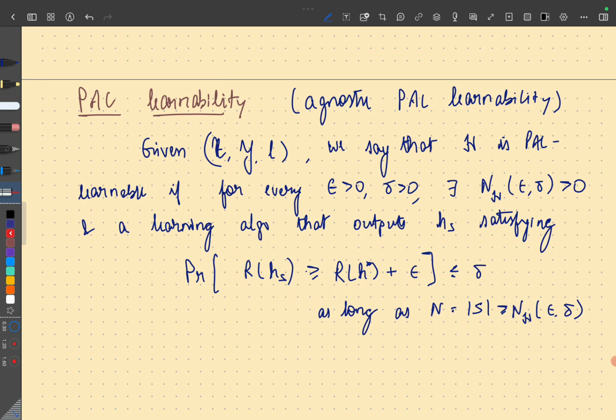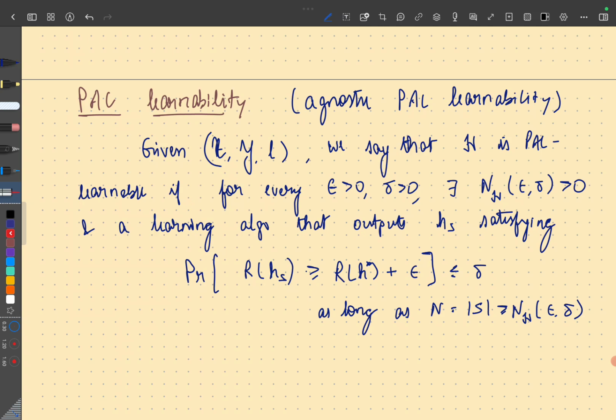So hopefully as n becomes larger and larger, I should be able to make both epsilon and delta go down to 0. If I am able to do that, then it means that this hypothesis class is PAC learnable. Does that make sense?